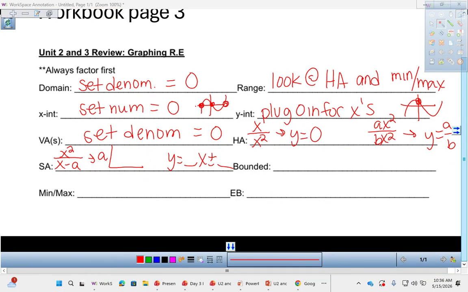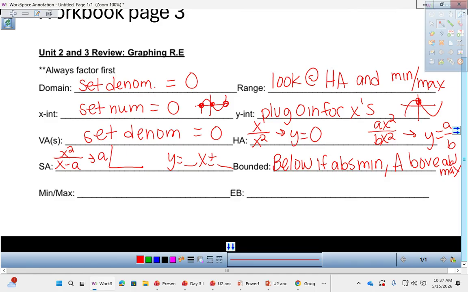All right, so you're going to have a bounded below if you have an absolute min. Above is an absolute max. I'm going to draw a little picture with that.